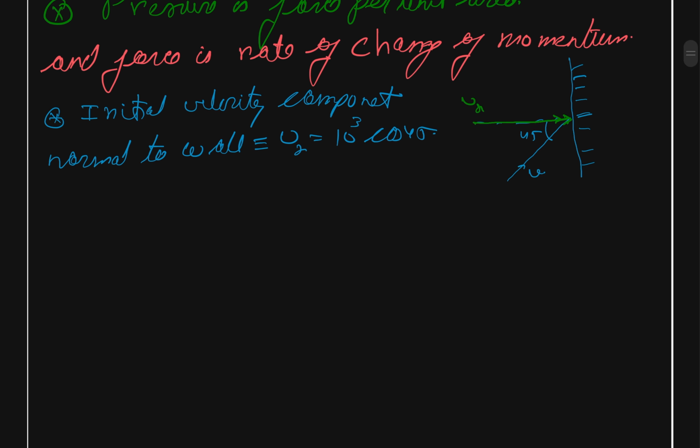So we get that v of x is equal to 10 raised to power 3 divided by square root of 2. And it says that it rebounds elastically.